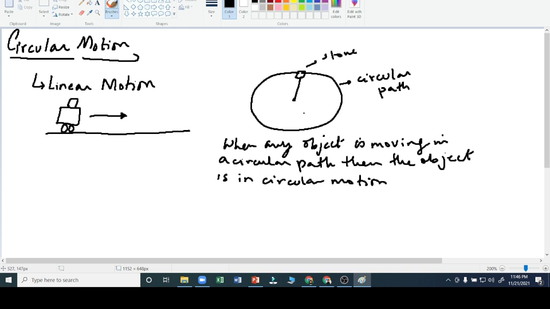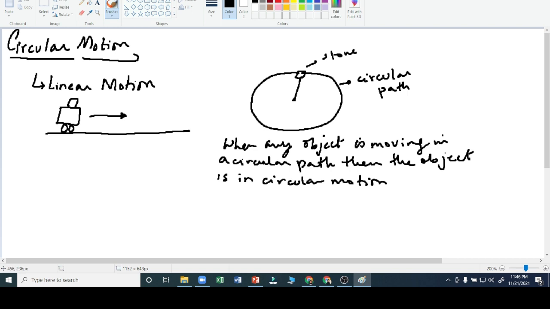And there will be a constant force that is applied from the center. So the objects, when they are moving in a circular path, move because of a constant force that is applied on the stone through this string.